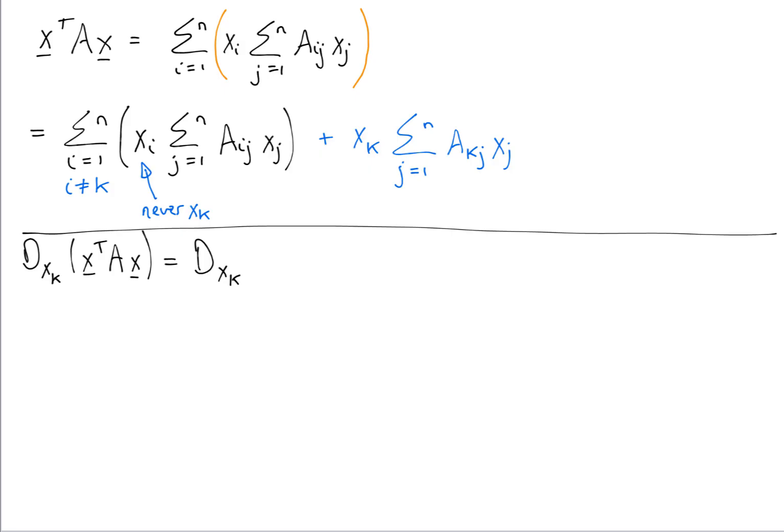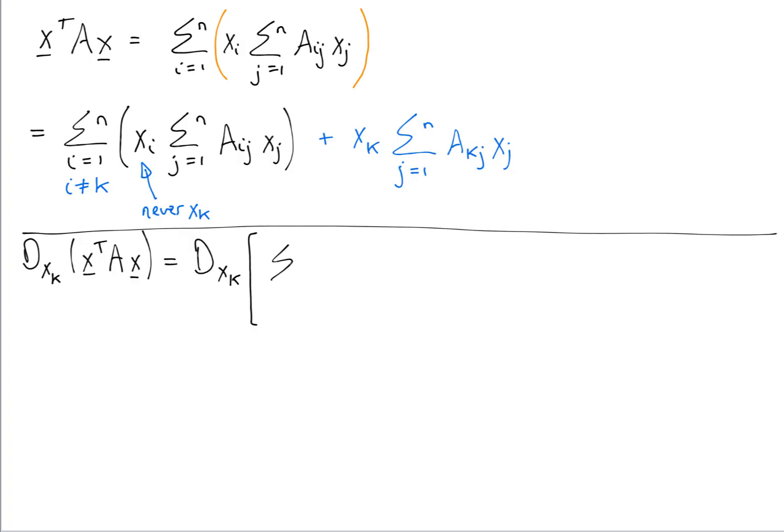So that means we can ignore terms where x_k does not appear. Think about this inner sum. If j is something different than k, there's no x_k, and there's also never an x_k out here. So the only time x_k shows up is when this index j is equal to k.